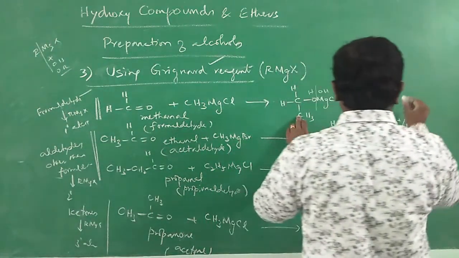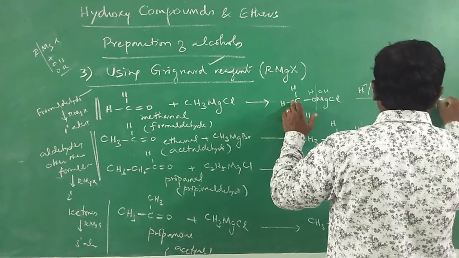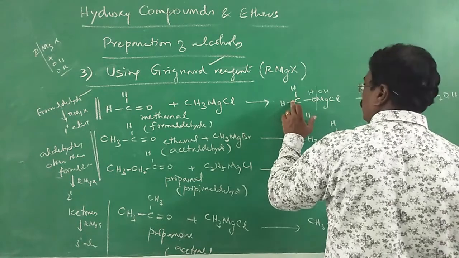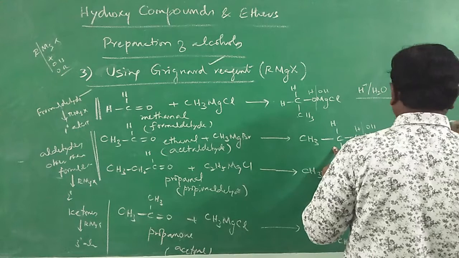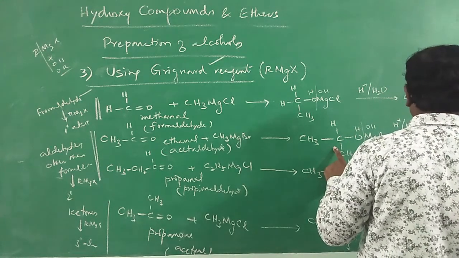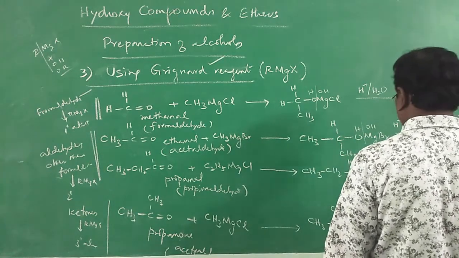So, what will be the product? CH3CH2CH2OH. We have got a primary alcohol. The carbon having OH is attached to only one carbon, primary alcohol. Here, CH3, CH3, CH, OH. We got a secondary alcohol. The carbon having OH is bonded to two carbons, secondary.